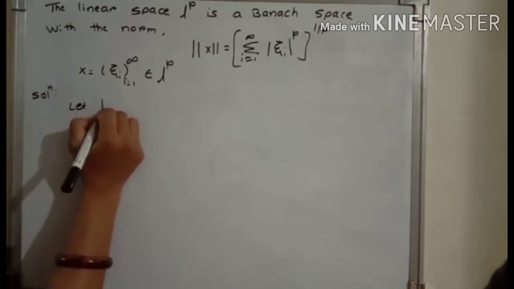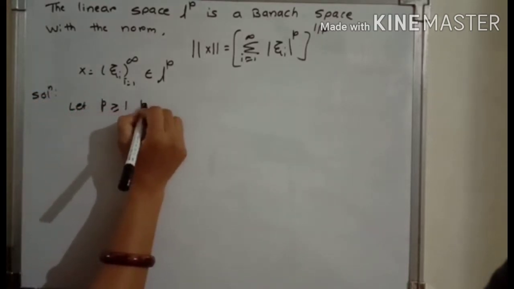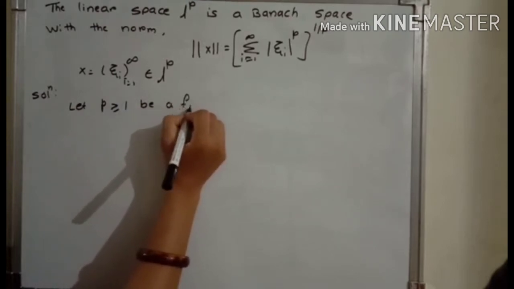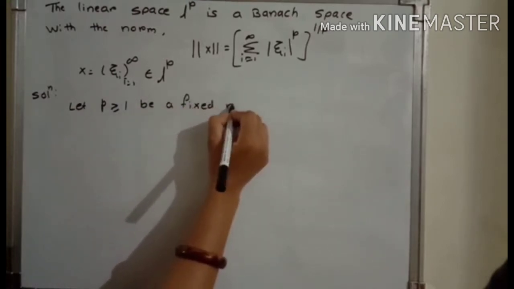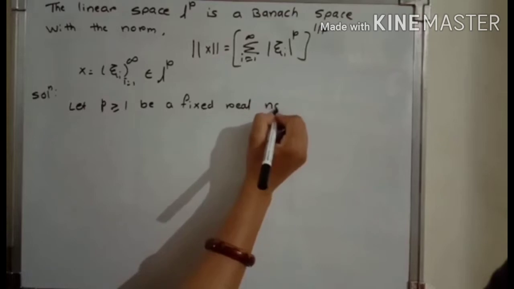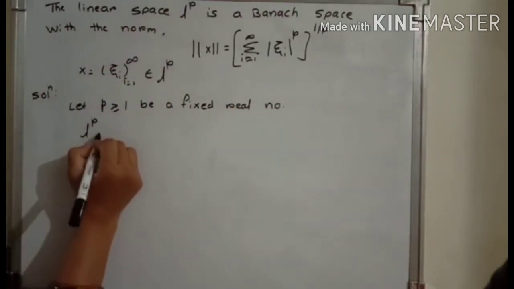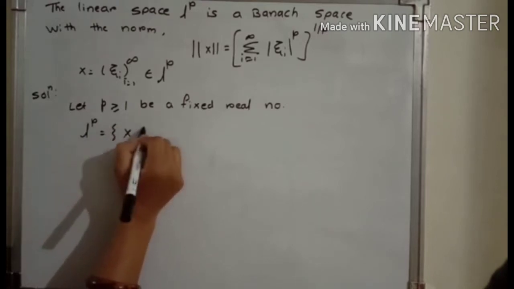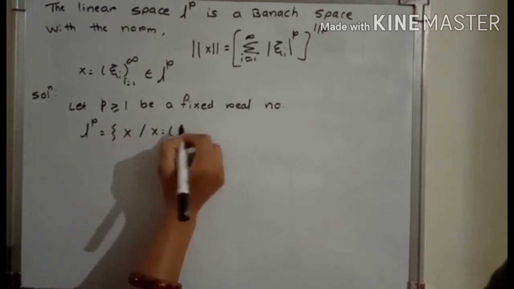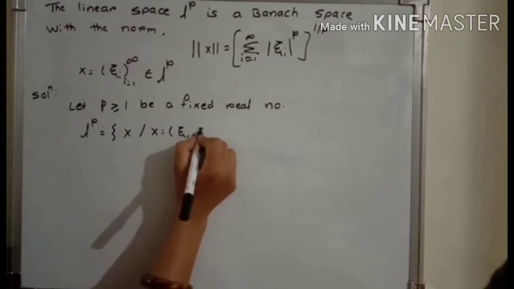let p greater than or equal to 1 be a fixed real number. The ℓp space is called a sequence space because in this space every element is a sequence of either real or complex numbers.